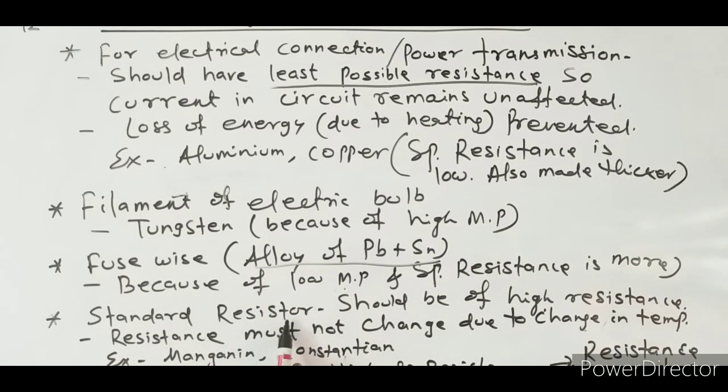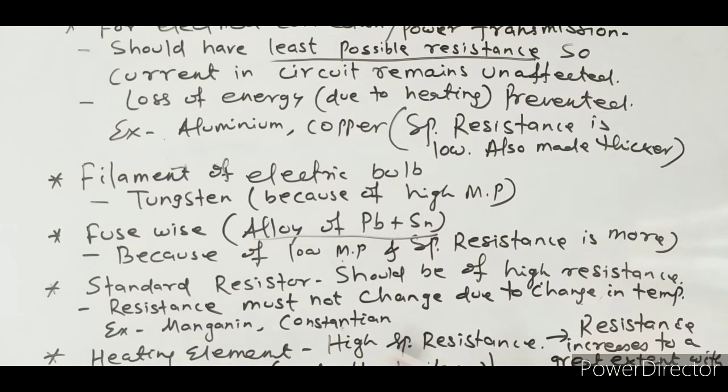And for a standard resistor, any resistor we are taking, it should be of high resistance. And one important thing, this resistance must not change due to the change in temperature. Temperature changes, then resistance also changes.